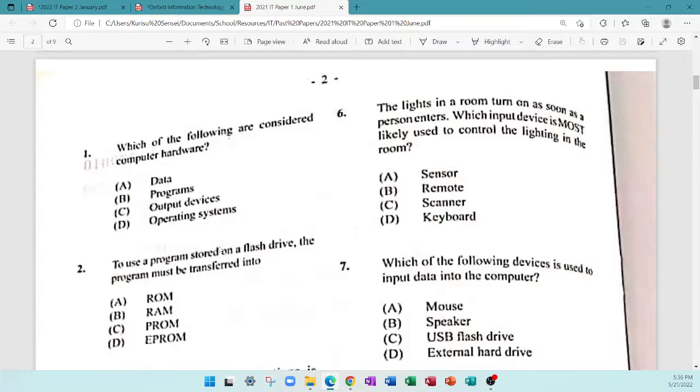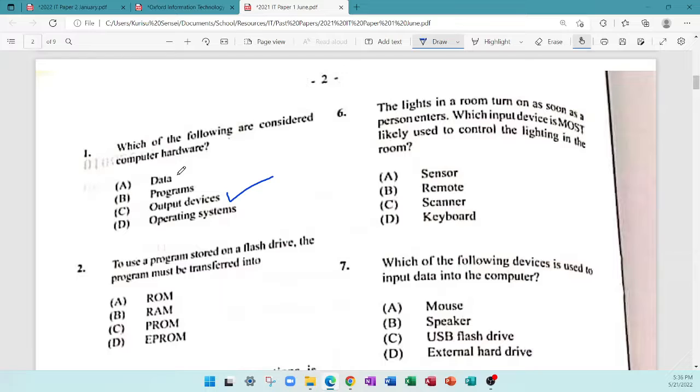Yes. So the first question: which of the following are considered computer hardware? Output devices. Everyone agree on that? Yes, correct, sir. Good. So, what's the definition for data?